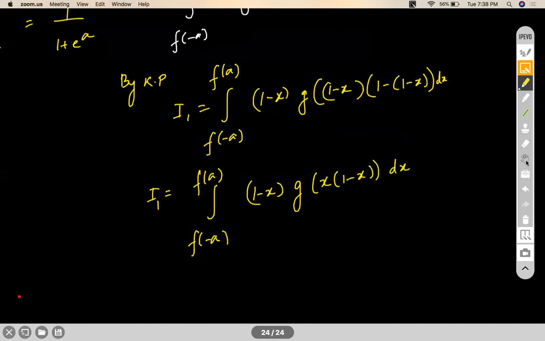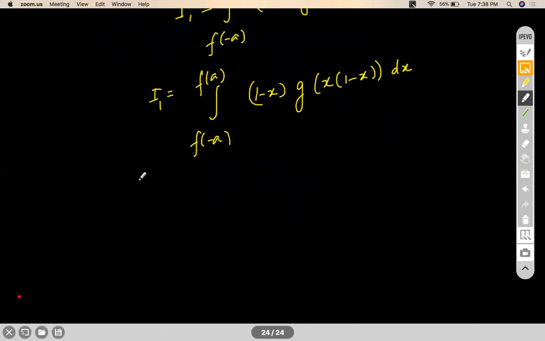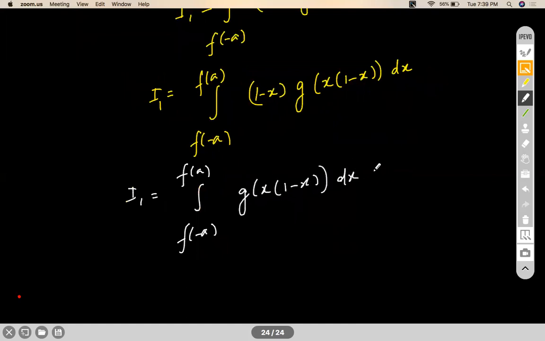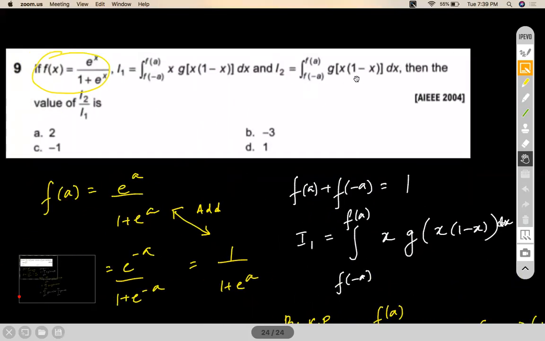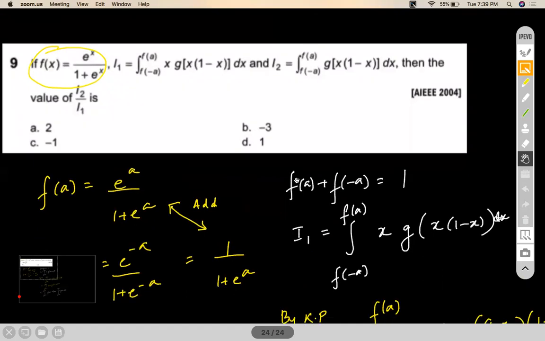Okay. If you expand this term, you will get g of x 1 minus x minus, again I'll rewrite the integration limits, minus x g of x 1 minus x. Okay. A careful observation will tell you that your I2 has appeared and your I1 has appeared once again.